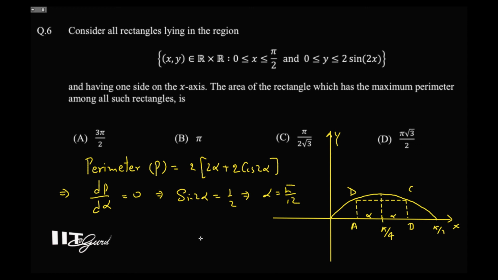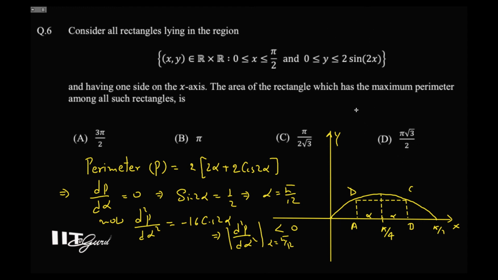Okay, now differentiate again to check for maxima and minima. The double derivative d square P upon d alpha square is minus 16 cos 2 alpha. At alpha equal to pi by 12, the result is negative.